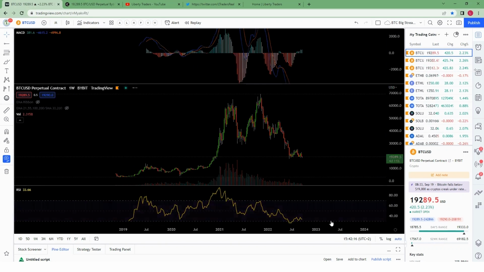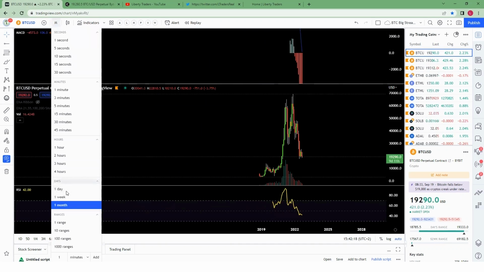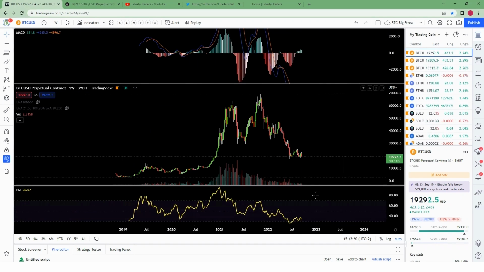We can see what it looks like on the monthly. No, let's rather go back to the weekly. As we can see on the weekly, we're making a series of lower lows and lower highs. This is too far back to do those divergences, but on the weekly, technically we do have bullish divergence on the RSI.